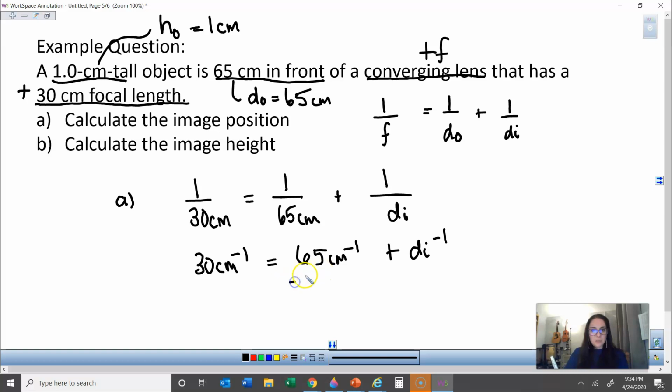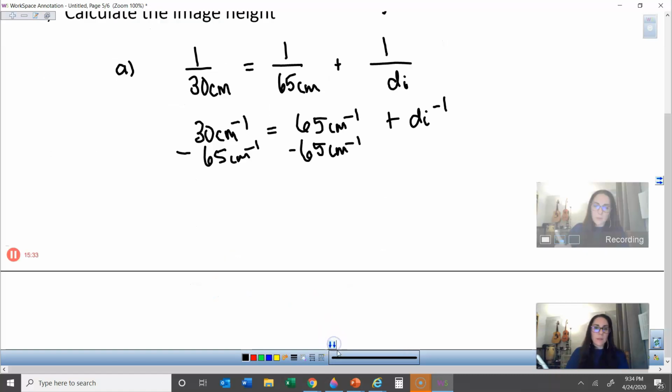So basically, I have to subtract 65 inverted. Notice because I added here that I'm subtracting and not dividing, so that's a common mistake. So what this looks like then is 30 to the negative 1 minus 65 to the negative 1.